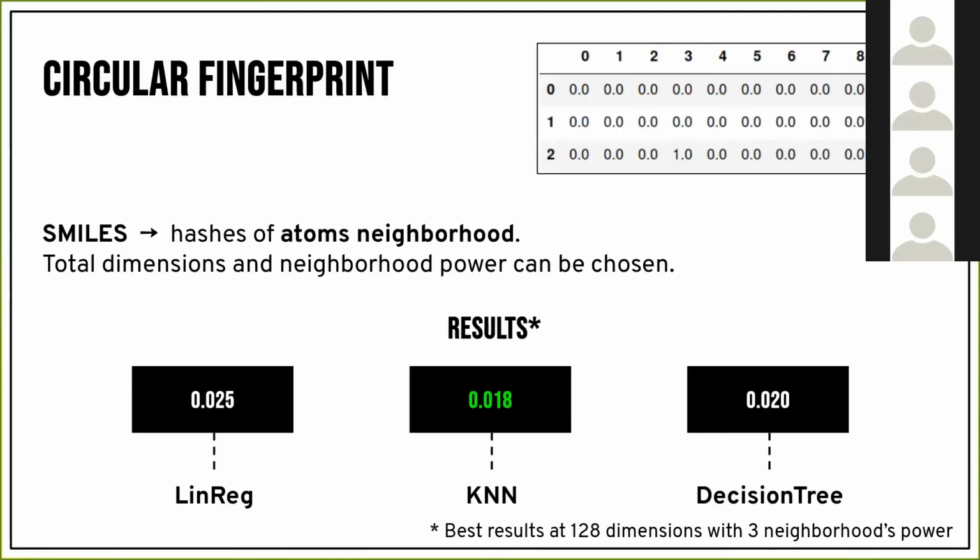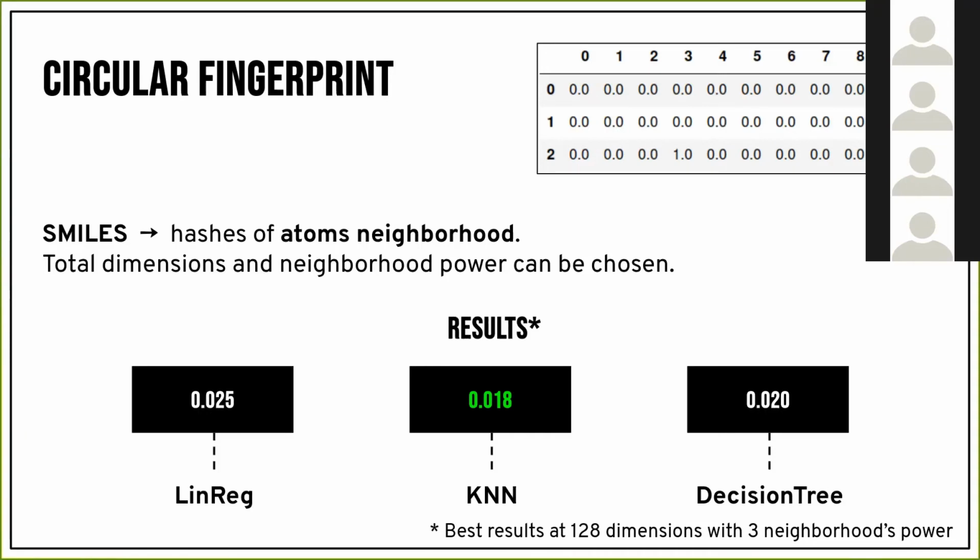The next method is the circular fingerprint method, and basically this method incorporates graph information, and we actually implemented it. We used the implementation of this method from the DeepChem library.